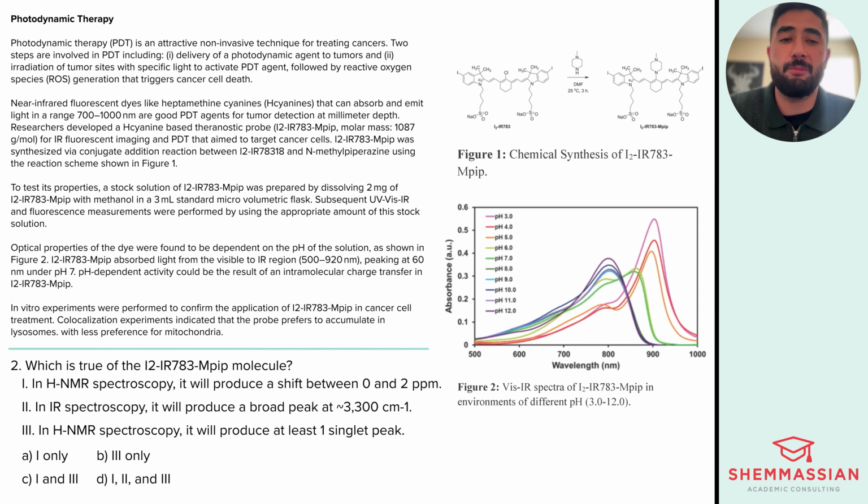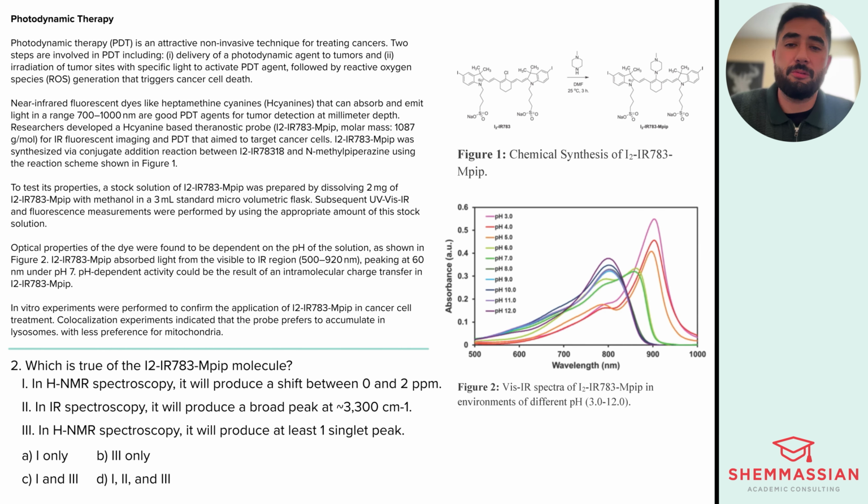In the case of this molecule, in figure 1, we see that MPIP does have sp3 hybridized carbons. For example, the methyl groups in the structure are sp3 hybridized, and their protons would definitely show up in that 0 to 2 parts per million range.